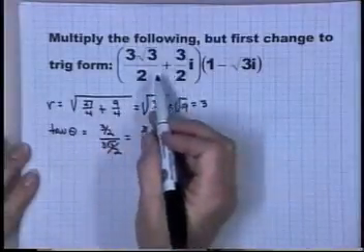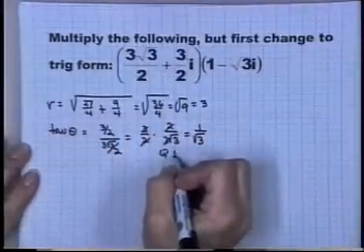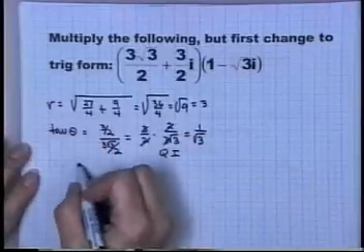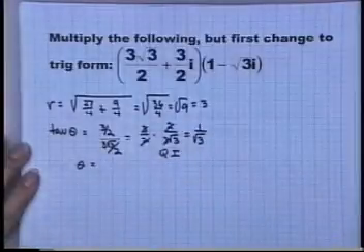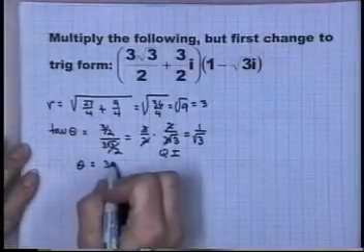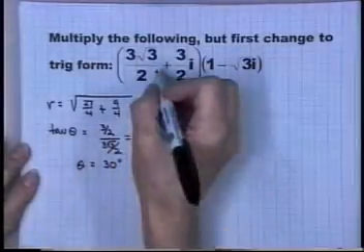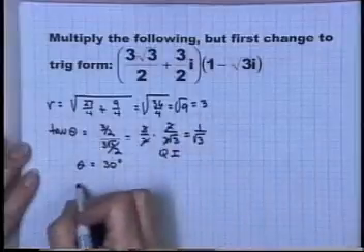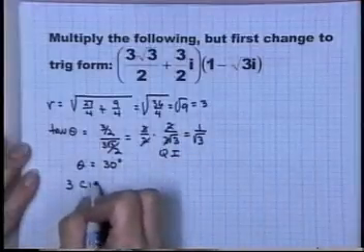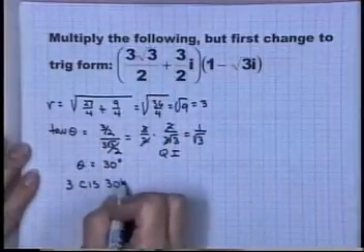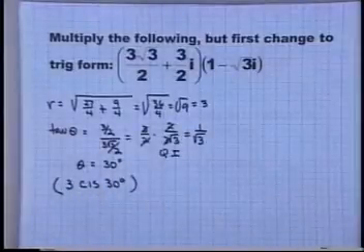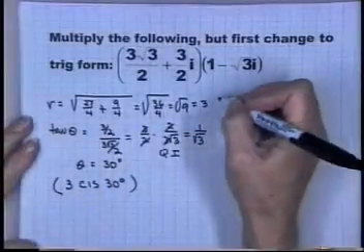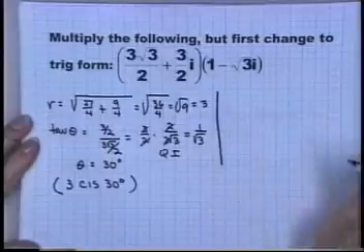Since x and y are both positive, we're in quadrant 1. So the angle we saw a minute ago that has a tangent of 1 over the square root of 3 is 30 degrees. So this first number in trig form is 3 cis 30 degrees. That's my first number. Okay? Now, let's look at converting this second number.